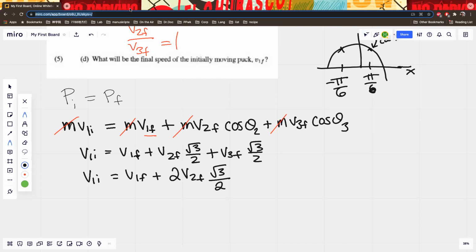Okay, so we want to get V1F in terms of V1I without the V2F. So how can we do that? We have one equation and two unknowns.